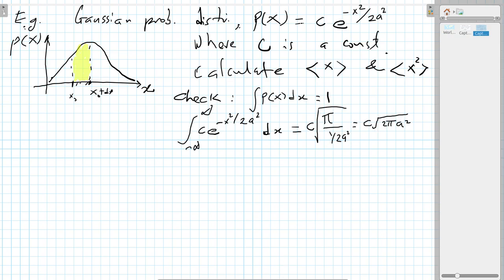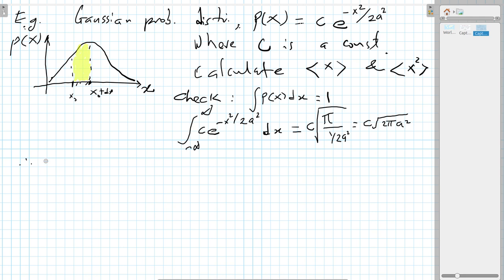So you can see that this is not equal to 1. Since this is not equal to 1, but we want it to be equal to 1, you can do so by fixing c to be the inverse of the square root of 2 pi a squared. So if c is the inverse of that, then our answer is going to be equal to 1.